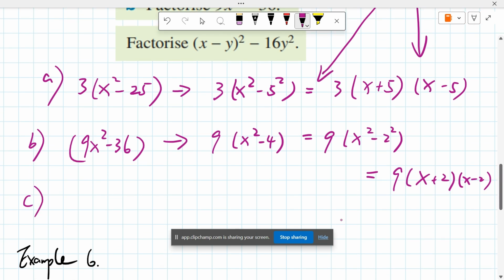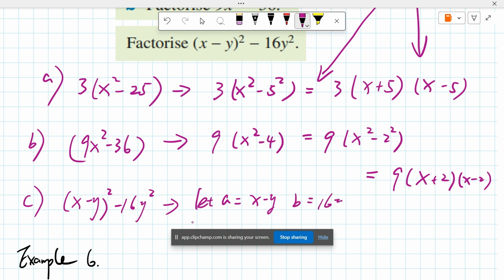So next one, x minus y all squared minus 16y squared. So what we do is, let a equal x minus y, b equal to, sorry, b equal to 4y.